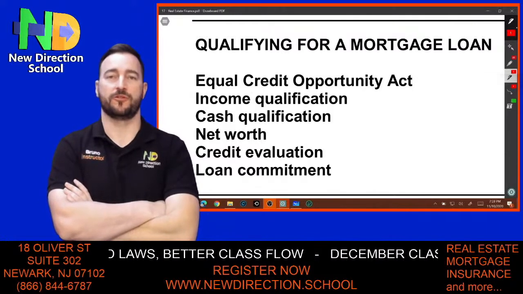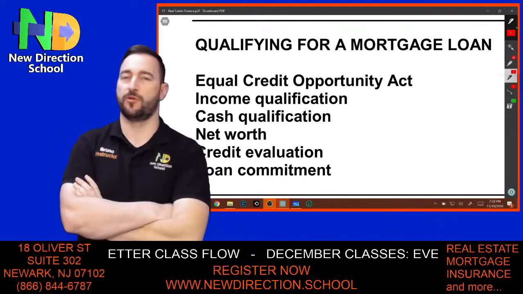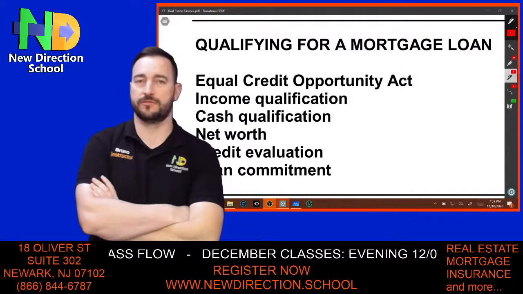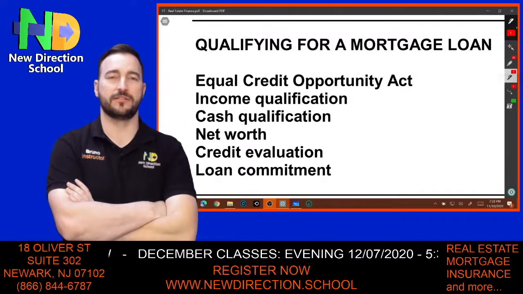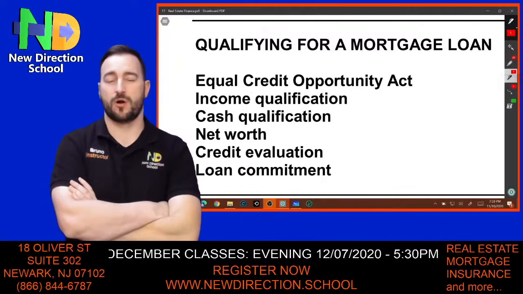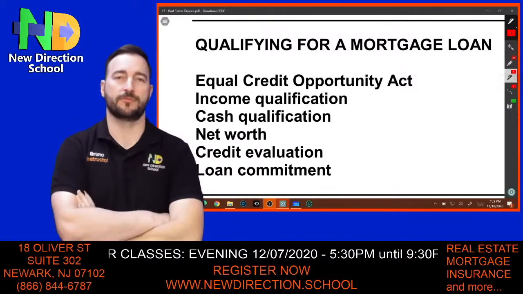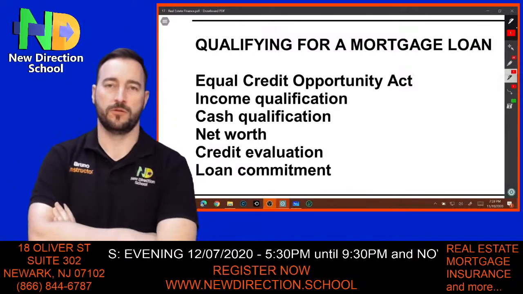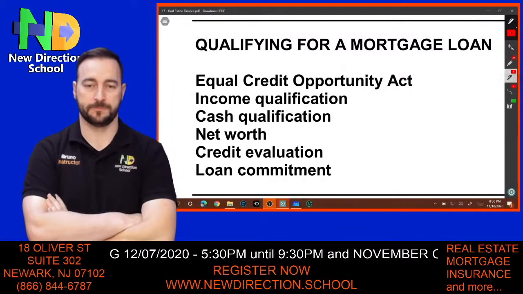It doesn't matter if you're born in the United States or if you're born in a different country. It doesn't matter if you're from a particular color versus another. None of that matters. What matters is your credit qualifies and your income qualifies. So that's what ECOA, Equal Credit Opportunity Act of 1974, brings us. Equal opportunity to apply for a credit or a loan. All right?